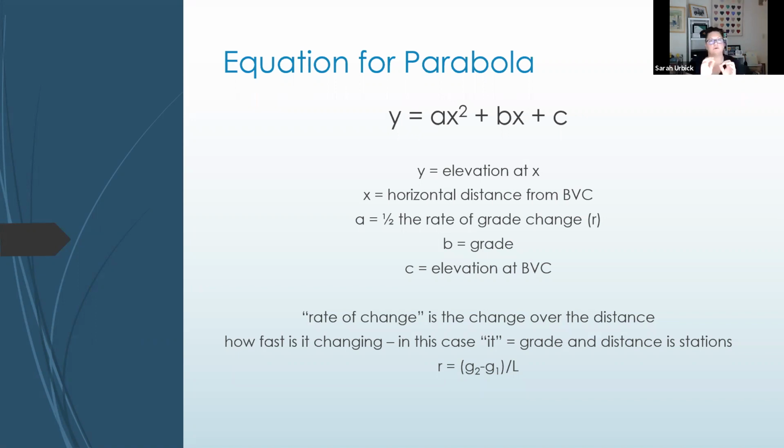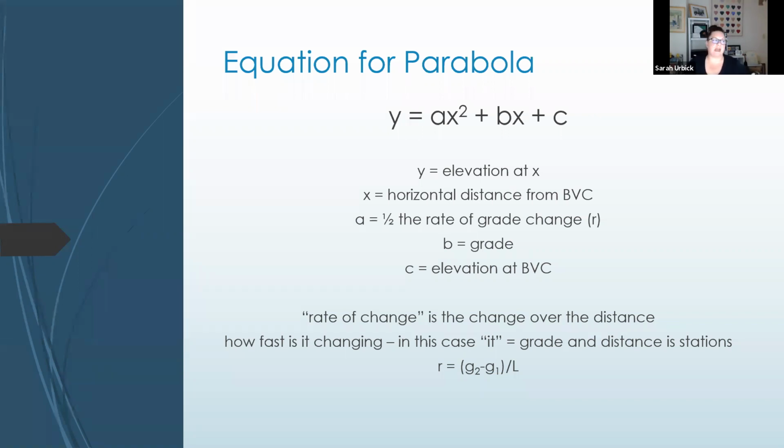A is equal to half the rate of change of the grade. This one is confusing. Okay, so rate of change, we basically did that when we found lengths between 2 points. Going over, going up, what is the rate of change? If we look at a slope, it is a rate of change. For every 100 feet, we go X feet vertical, Y feet vertical, right? So A, we're looking at what that average is going to be.